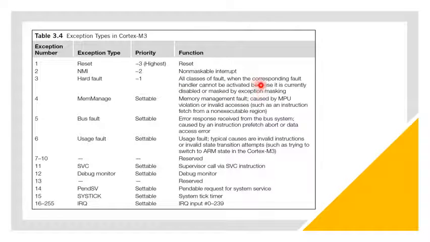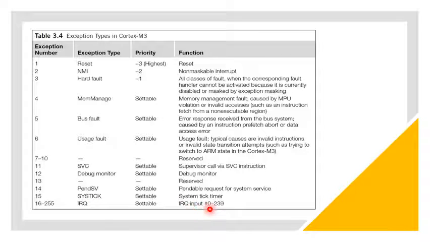It depends on the value of either the base priority register or PRIMASK and FAULTMASK value. Whereas the priority levels of all other remaining exceptions are settable, you can set the priority level, that is memory management, bus fault, usage fault, SVC, like that. Okay, we have interrupt request, system tick, interrupt request.